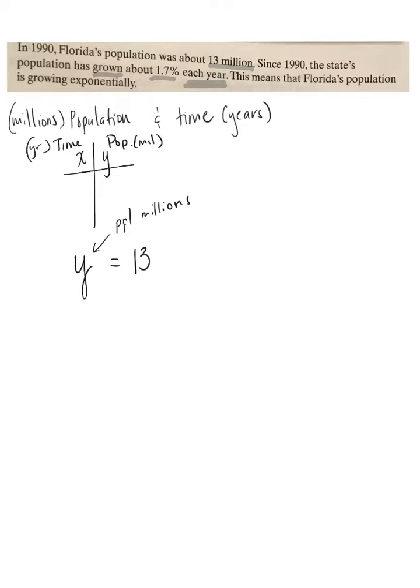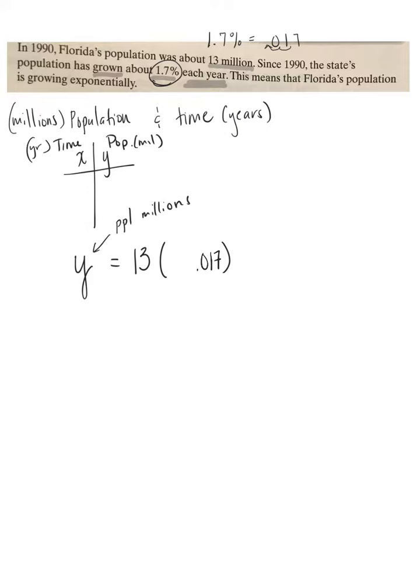So y equals 13 times, I've got to multiply the population growth by, well, what's 1.7%? Remember that 1.7% is the same as moving the decimal back 2 places, and I'm dealing with 0.017 as the actual number. Because when I get rid of my percent sign, I'm dividing by 100.